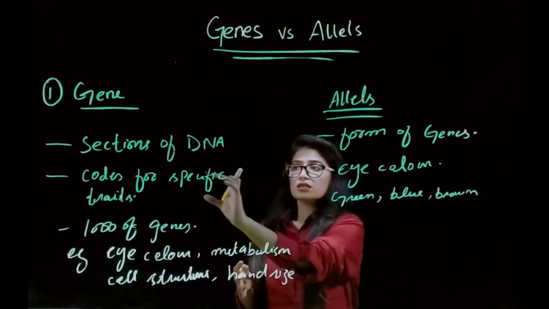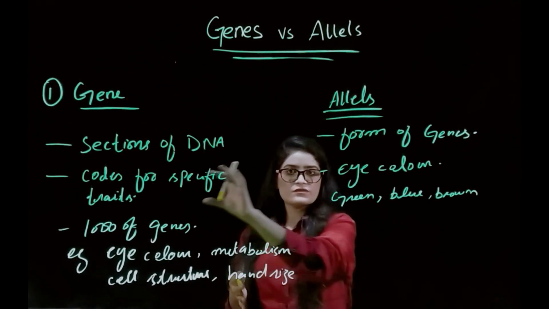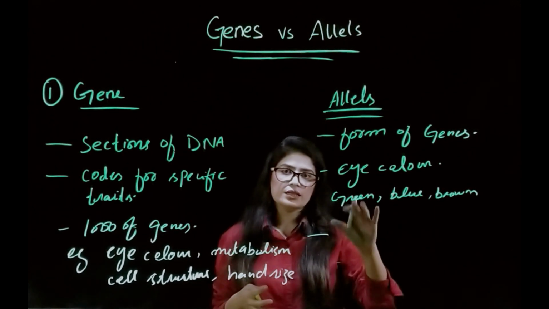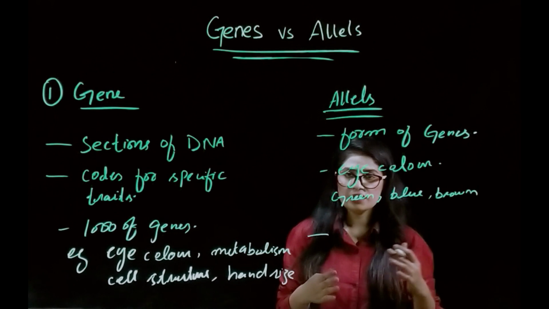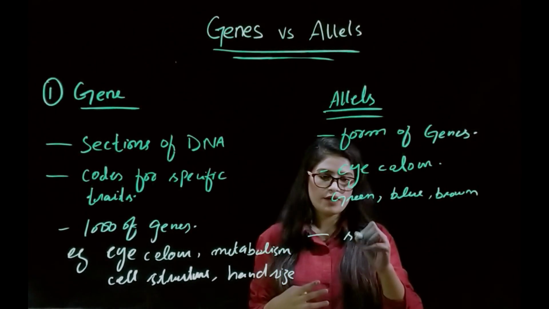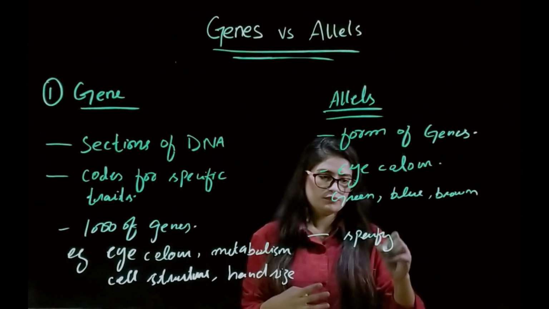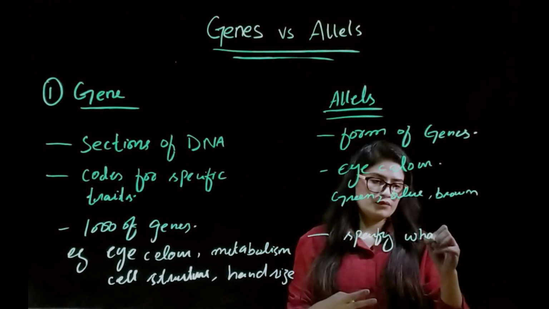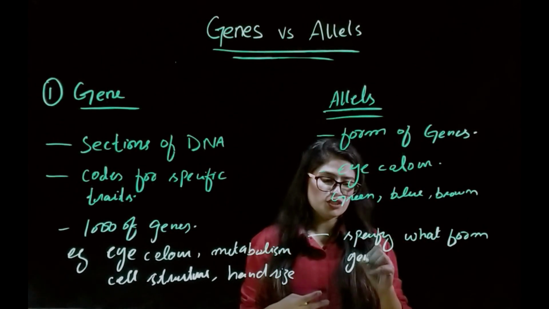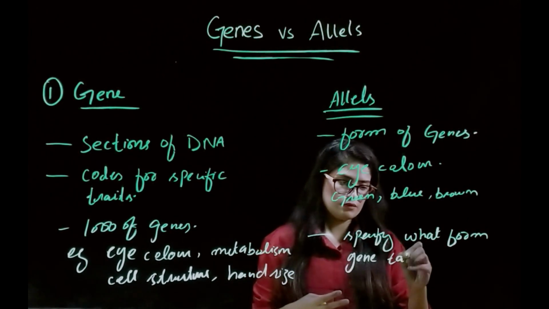A gene codes for a specific trait, while an allele specifies what form the gene takes.